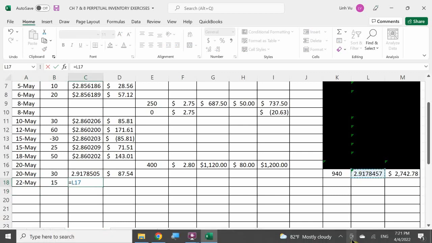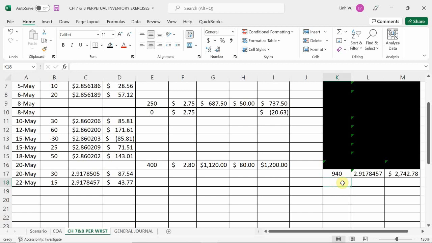My average cost per item right now is currently the $2.91878457. So in this case, Excel had already calculated for me, telling me it's going to cost me $43.77. So I need to adjust my inventory accordingly because I just sold 15 units.